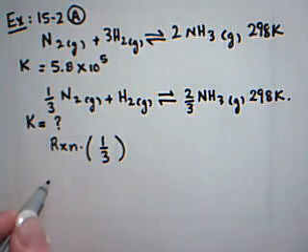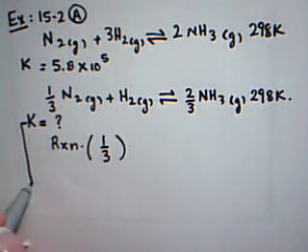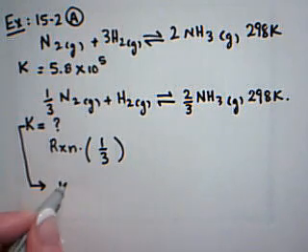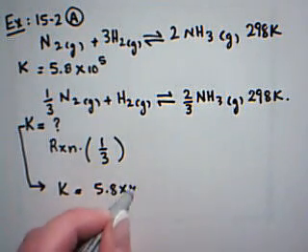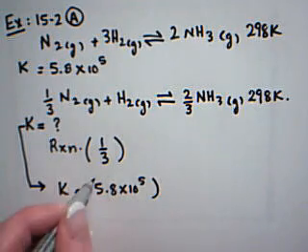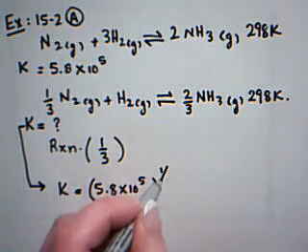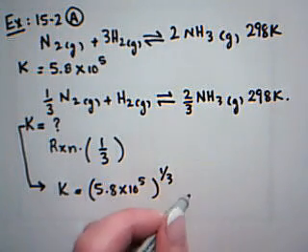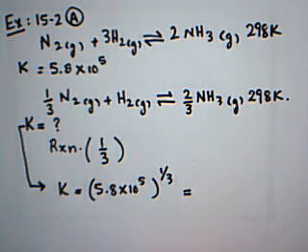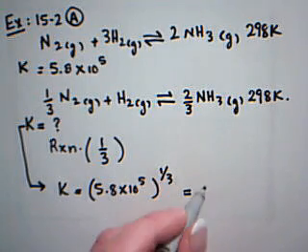And therefore, the K is the original K value, which in this case is 5.8 times 10 to the 5, raised to that factor, which the reaction was multiplied by. And so the cube root of this number turns out to be 83.